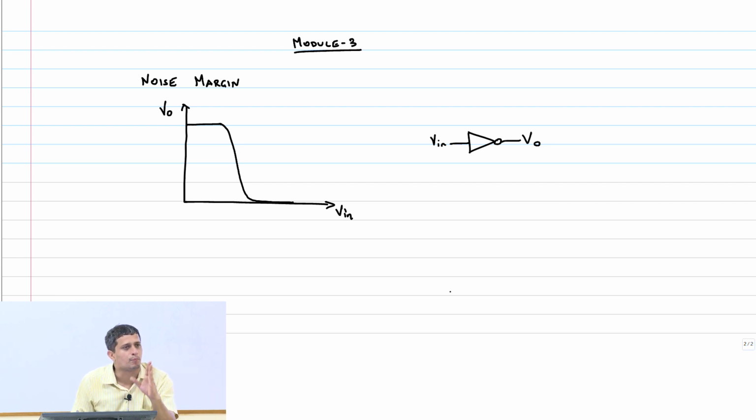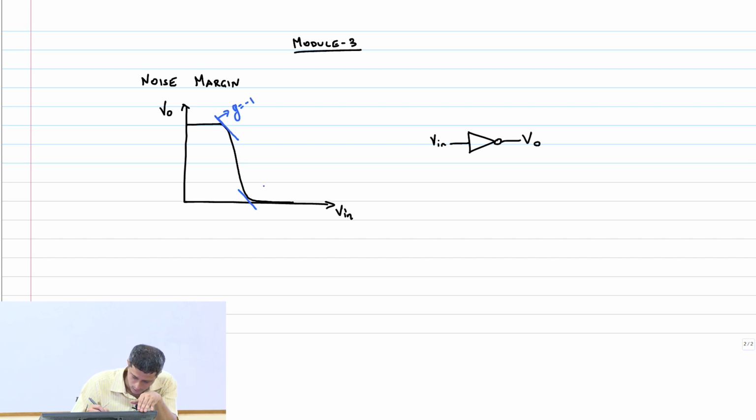So we said that the point at which the slope becomes -1 is a point of interest, because to the left of it on the lower side the gain is less than 1, which means any noise will get killed, will get attenuated, and the output will be robust and stable at that particular value, right? So therefore the point where the gain becomes -1 is of importance.